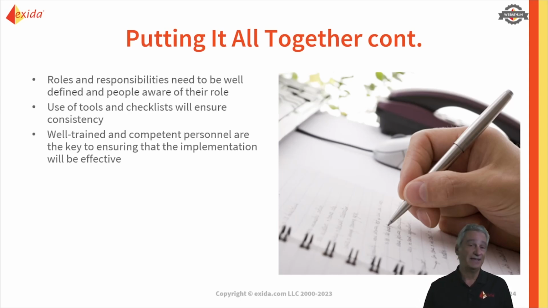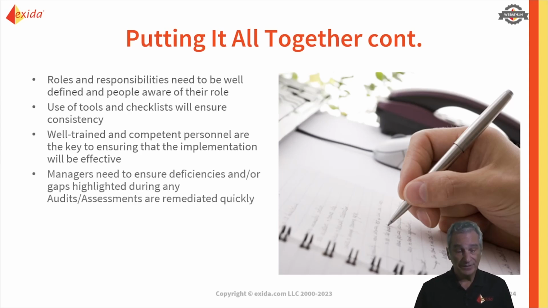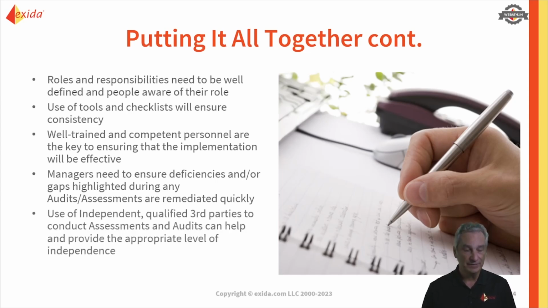Now, I've emphasized that I don't know how many times, but this is very important. Managers need to ensure that any deficiencies or gaps that are highlighted through any of the audits or assessments are remediated as soon as possible, because it's important that we follow through with anything that we spot. Use of independent qualified third parties can obviously help with conducting these audits and help provide the level of independence that we need to show.